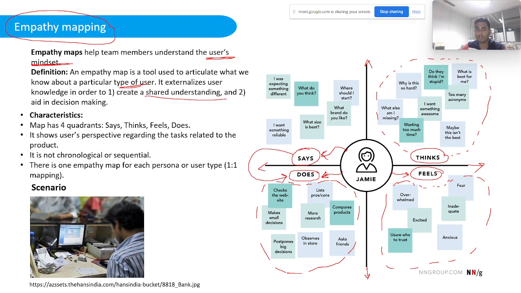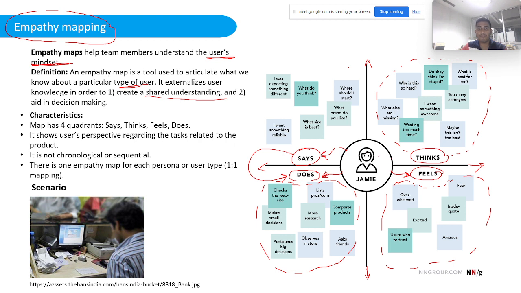So is there any correlation? By analyzing these things independently, we try to understand later, like a particular scenario, to identify specific pain points, like where the particular problem exists in a task.